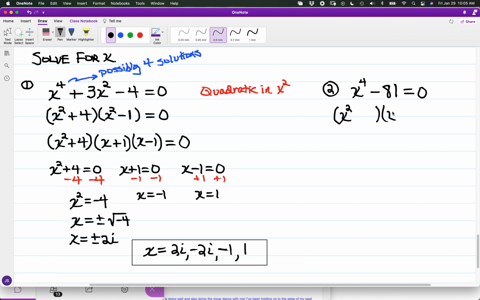And we have minus 81. We have equal weights in terms of adding and subtracting. So I have x squared plus 9 and x squared minus 9. Let me mention, I'm going to forgo the complete factoring. Now, x squared plus 9, this particular expression is not factorable.